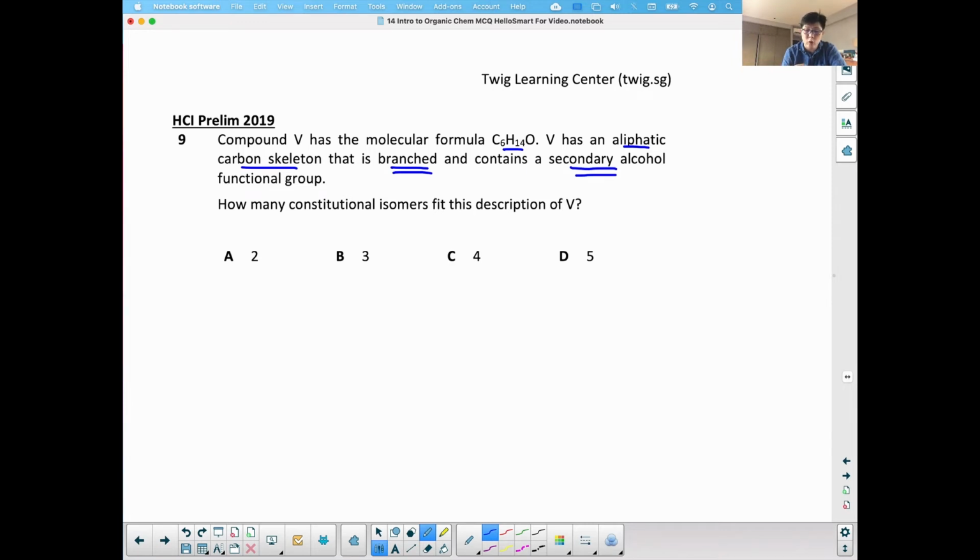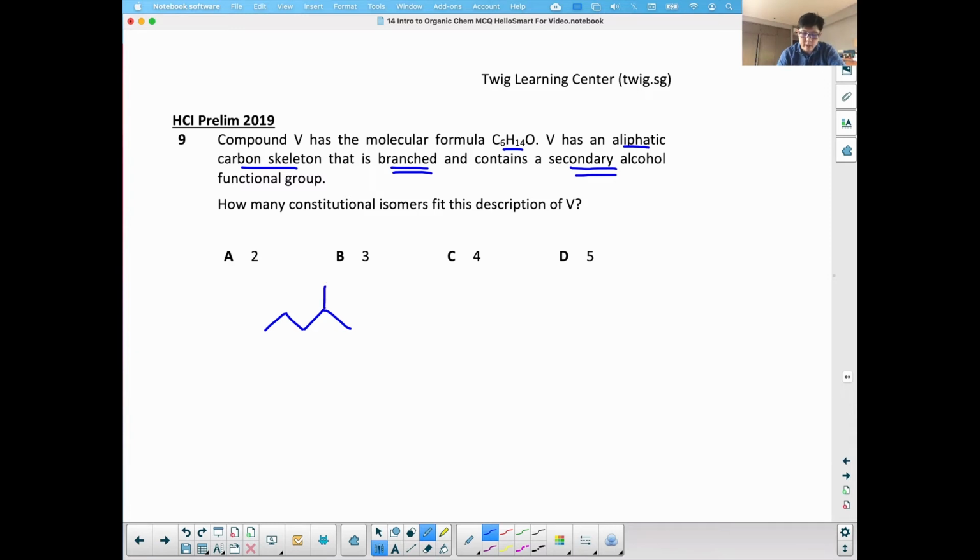Okay, firstly, I'm going to draw all the possible branched aliphatic carbon skeletons. So I'm going to draw, say, 6 carbon, right? 1, 2, 3, 4, 5. Okay, but because it's branched, I'm going to put the last carbon over here.